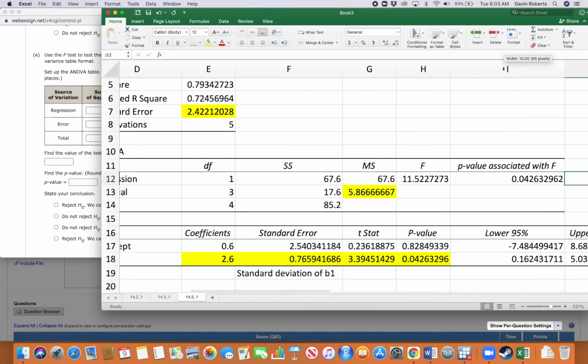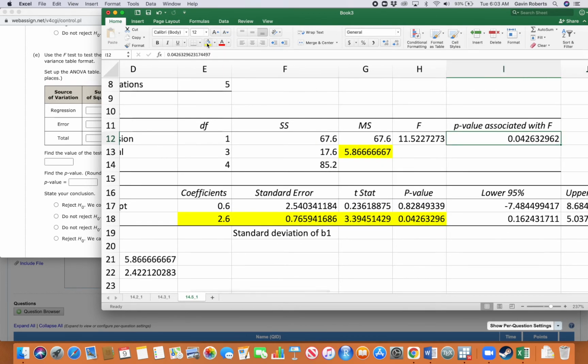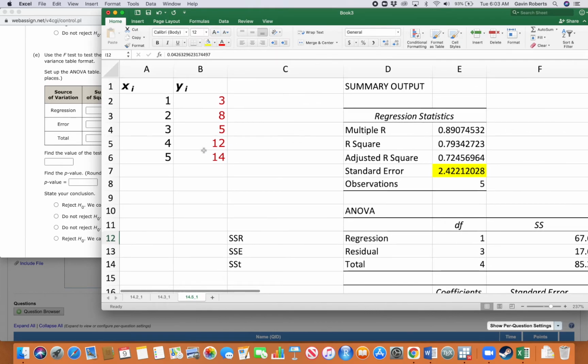So just real quick on what F is, notice in this problem that this p-value is exactly the same as this p-value. The F statistic is kind of like, is your overall model significant? Like, does your regression equation that you estimated have statistical meaning? Well, in this case, our entire regression is just having one independent variable.